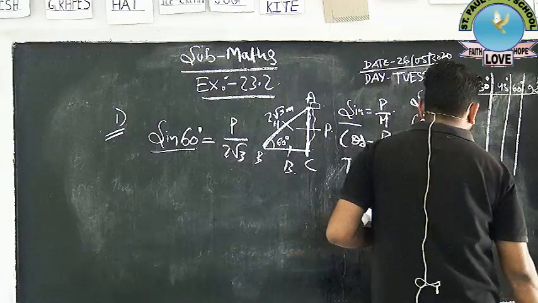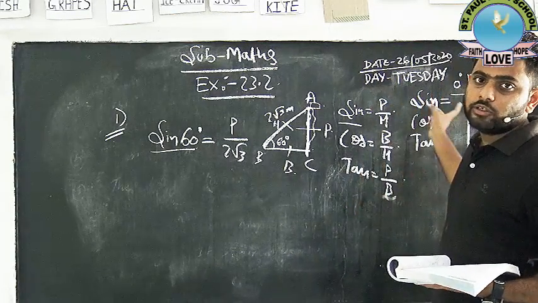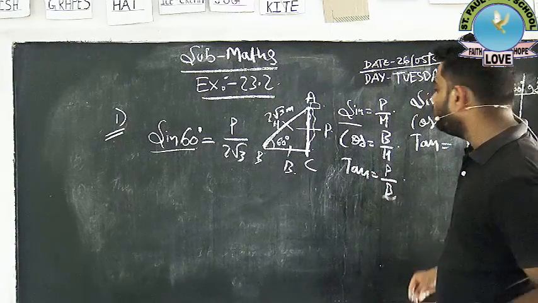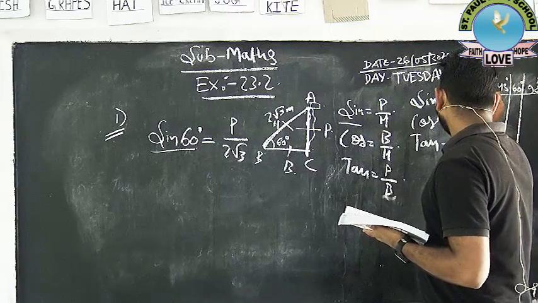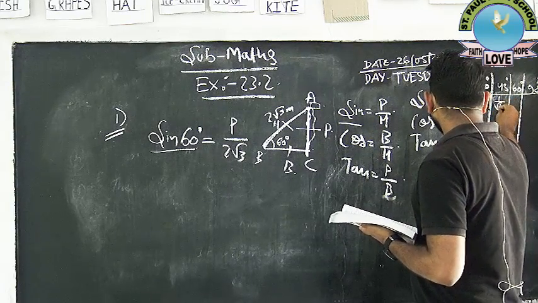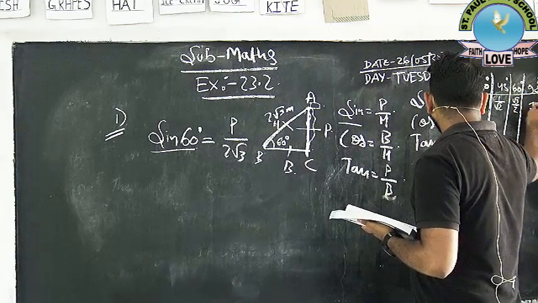These degrees you must know, and the values of sine you must remember, and then cos and tan will be very simple. Sine 0 is 0, after that 1 by 2, after that 1 by √2, after that √3 by 2, and the last one is 1.